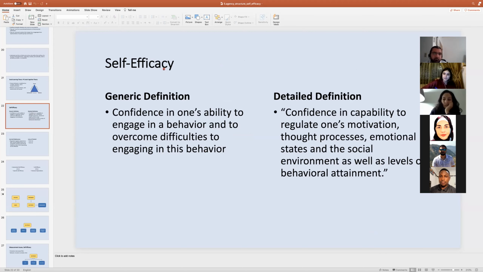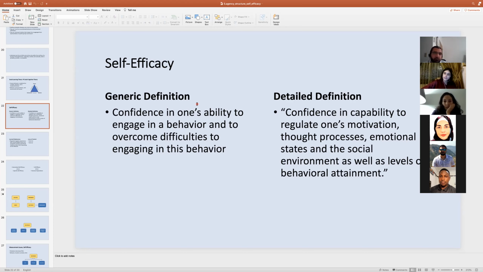And then later on, the health belief model was modified to add self-efficacy. And then the theory of reasoned action was developed into the theory of planned behavior that included perceived behavioral control, which is a very similar construct to self-efficacy. But the social cognitive theory was the theory that first came up with the notion of self-efficacy.